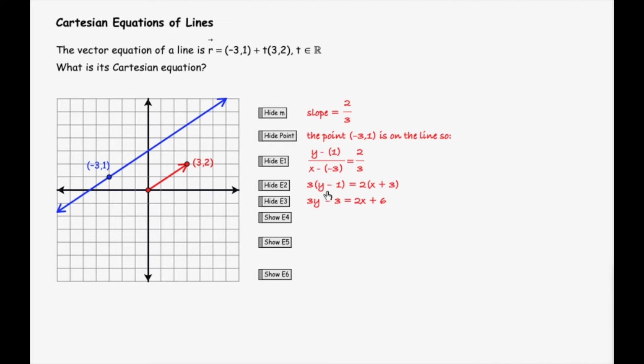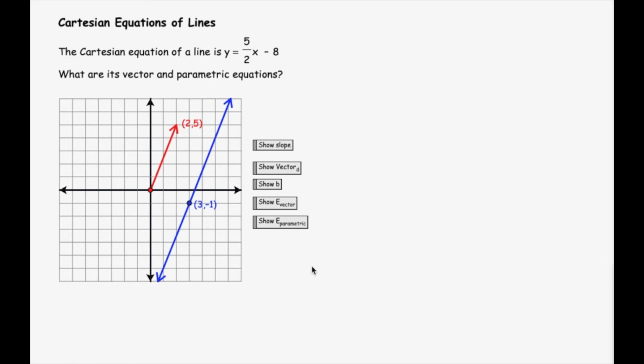So 3y minus 3 equals 2x plus 6 if I expand. 3y equals 2x, 3 plus 6 is 9. Then divide by 3, I'm going to get y is 2/3 x plus 9 over 3. That gives me y is 2/3 x plus 3, and of course this would be the y-intercept. So this is a Cartesian equation of the line. This one is written in slope y-intercept form, and this is the form you're probably familiar with.